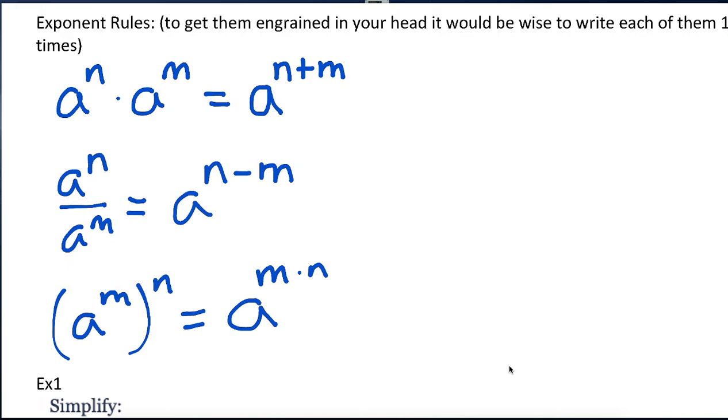Now, you can have more than one thing in there. You can have b^m, a^n, and then all that raised to the p, let's say.